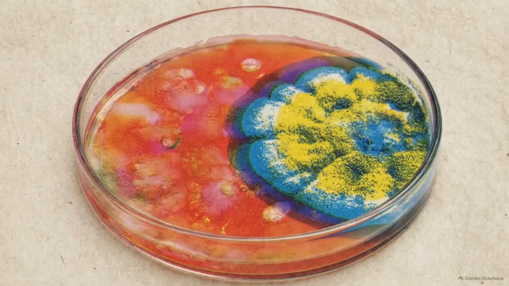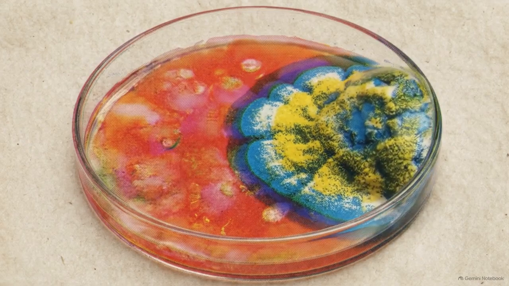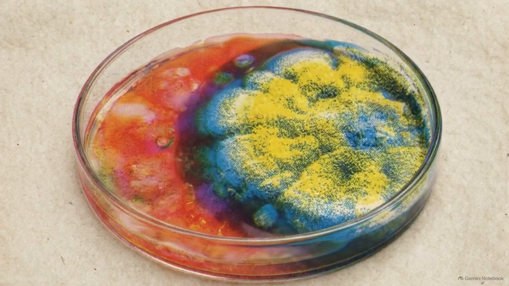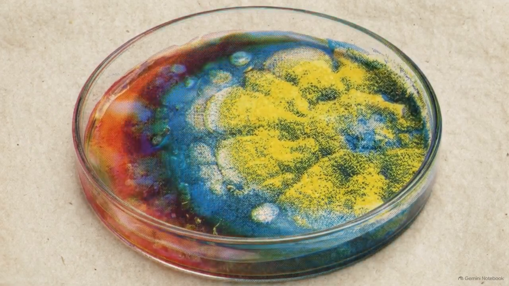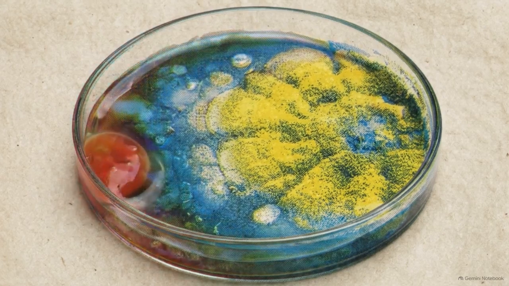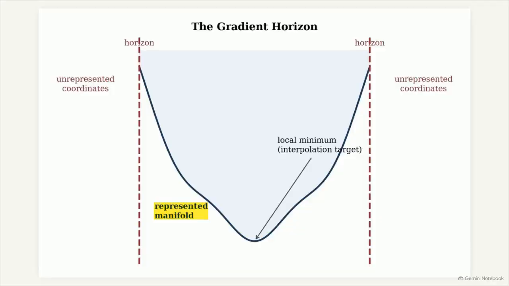He wasn't interpolating within existing knowledge. He was identifying a signal that had no prior address in the field of microbiology. Because current AI optimizes only within its fixed parameter space, it eventually hits a gradient horizon. It can refine its internal model, but it cannot breach the boundary to observe a reality it hasn't already been trained to see.